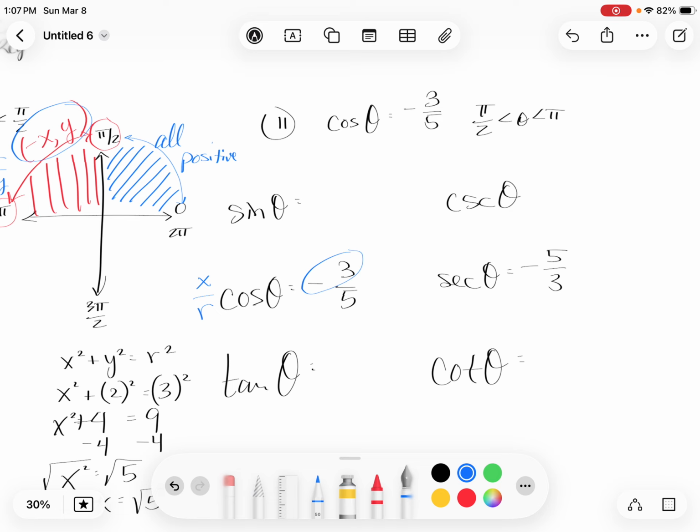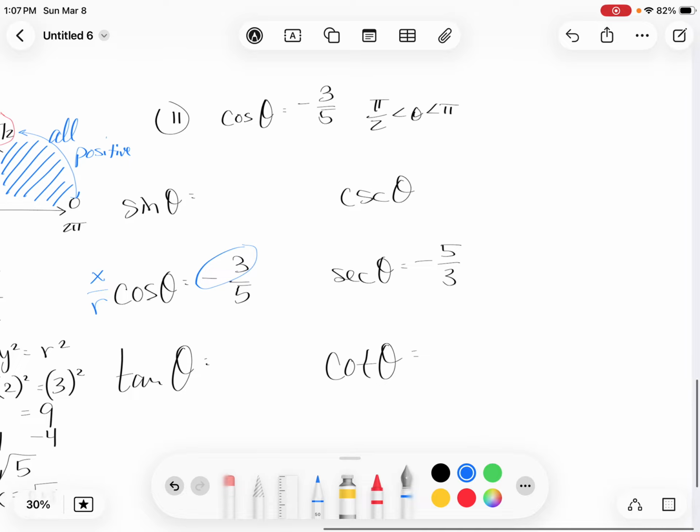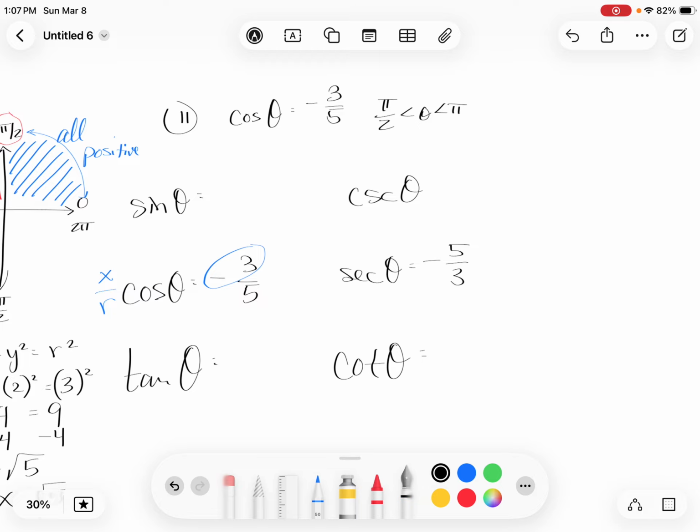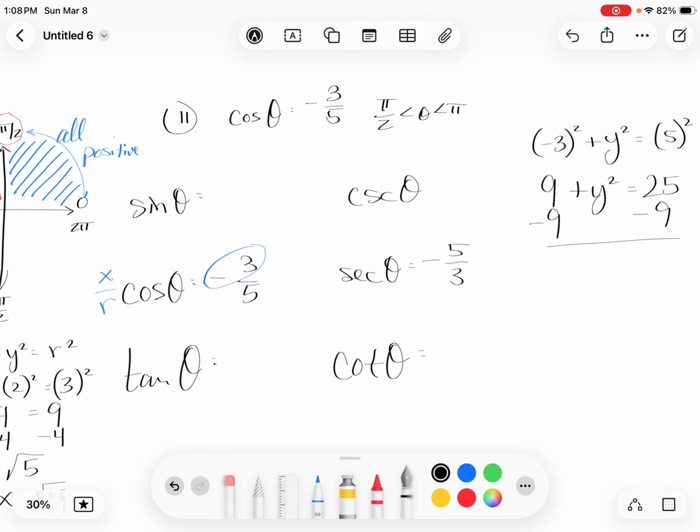So the x coordinate is negative 3, and I know that the r is 5. Negative 3 squared is 9, plus y squared, equals 5 squared, which is 25. Subtract it. 25 minus 9 is 16. And the square root of 16 is 4.